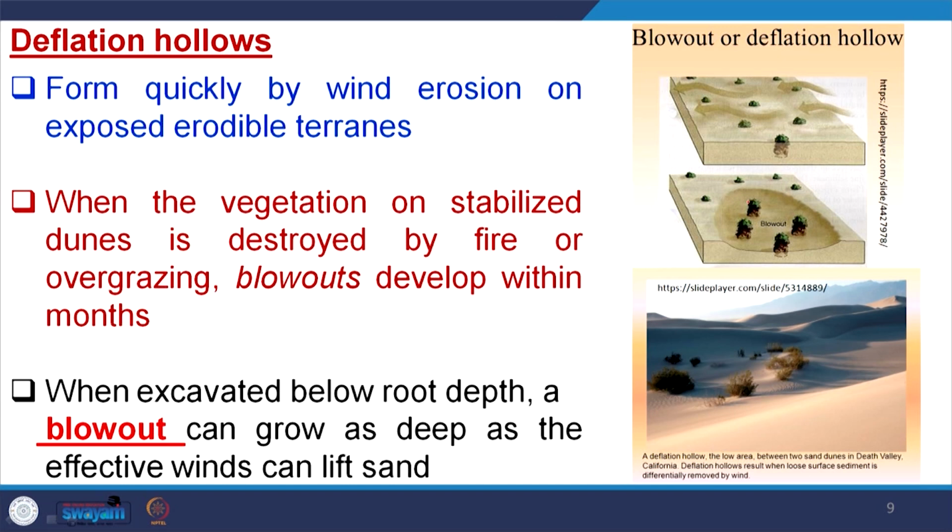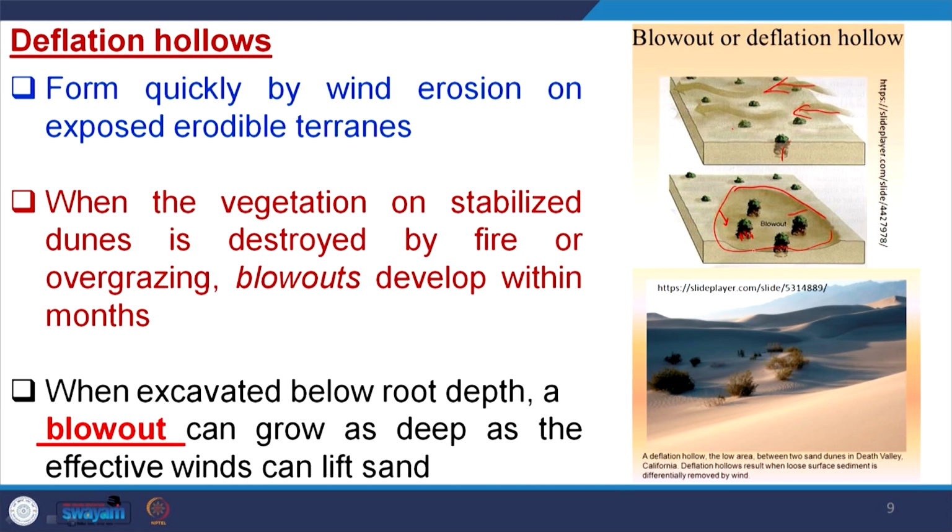Now, in this figure it can be explained. We have a block consisting of sand and some vegetation; this is the root level. We allow the wind to pass on it, blow on it. After months, due to removal of this material, we are creating a depression, and the depth of the depression reaches up to the root level.